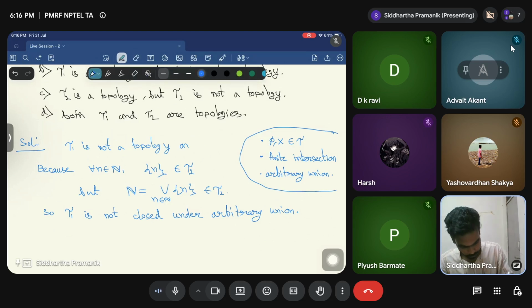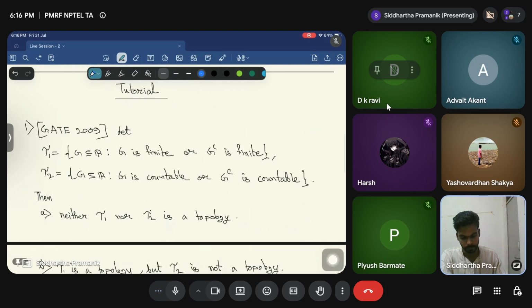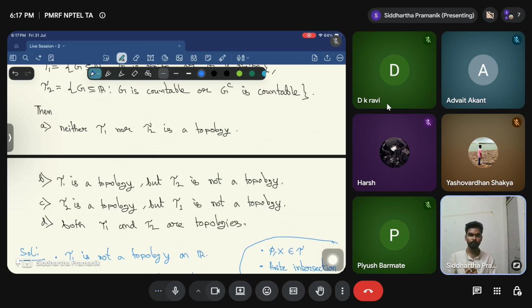Now what about the second one? The similar kind of argument I think will not hold, but try to think what will happen for this. So is tau 2 a topology on R?